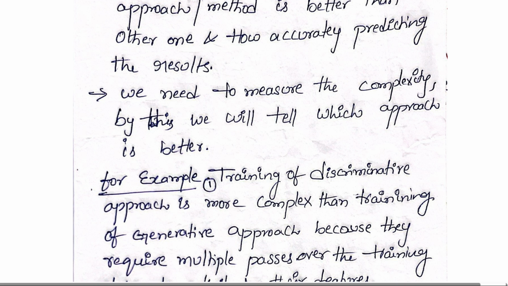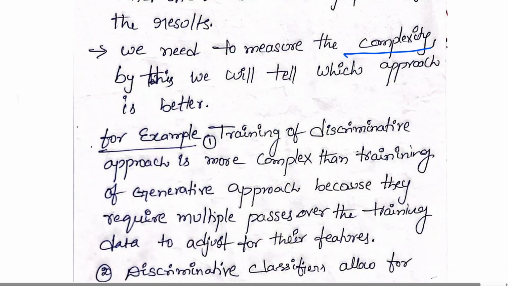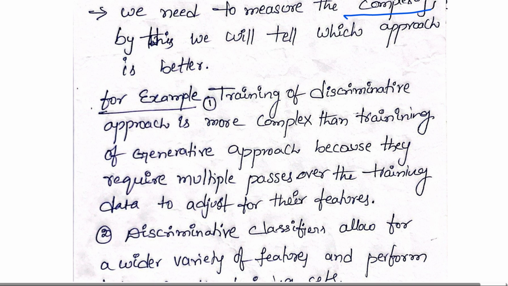If you know the complexity of an approach, we can easily tell which approach gives better results and predicts better. For example, training of the discriminative approach is more complex than training of the generative approach. Here we are comparing the two methods, the discriminative approach and the generative approach.